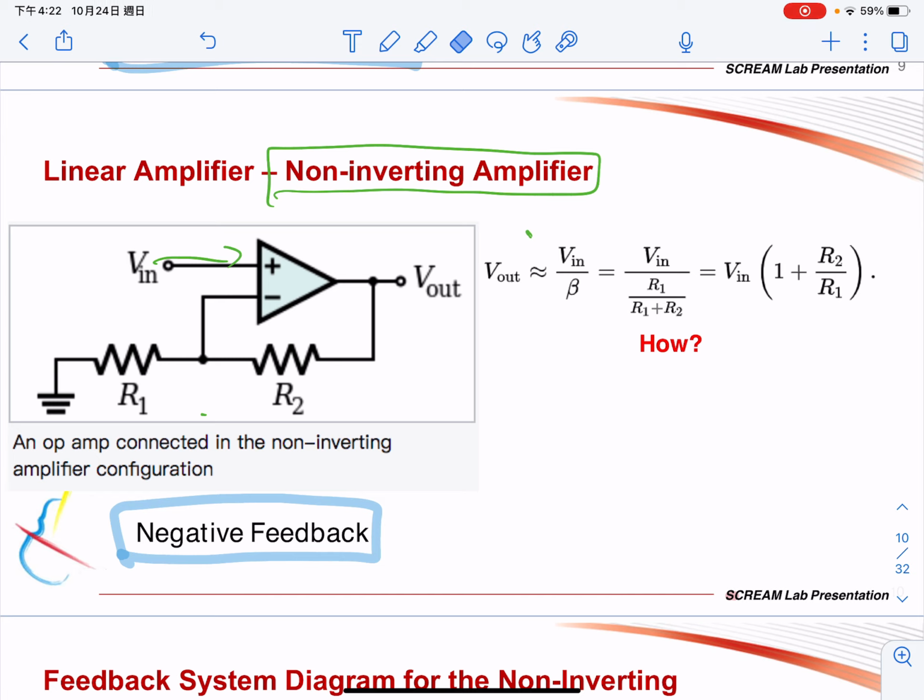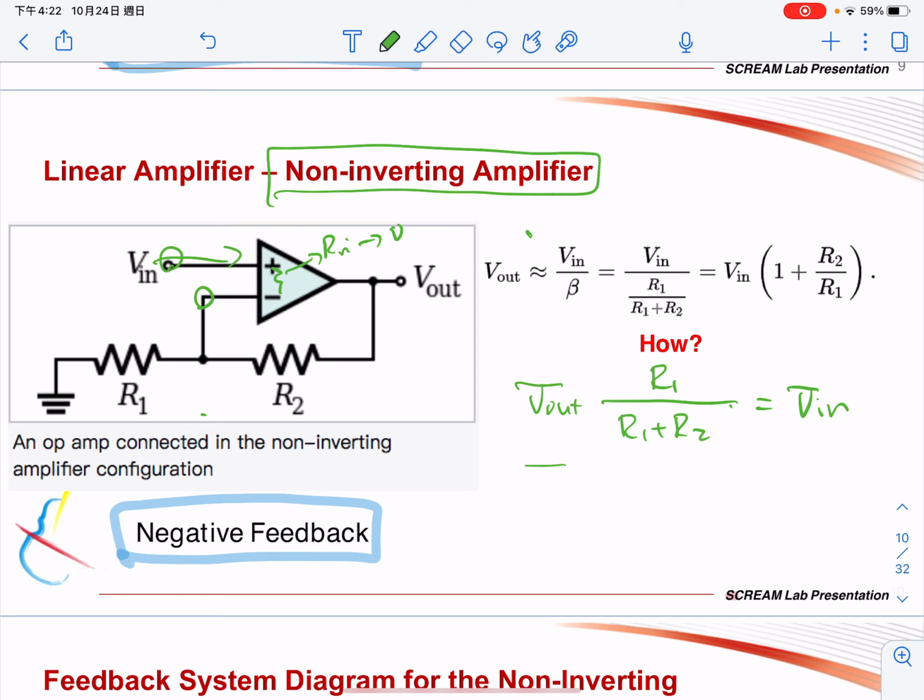Okay, and because the gain goes to infinity, the voltage here and the voltage here will be approximately the same. Okay, so V out multiplied by R1 over R1 plus R2 will be equal to V in.